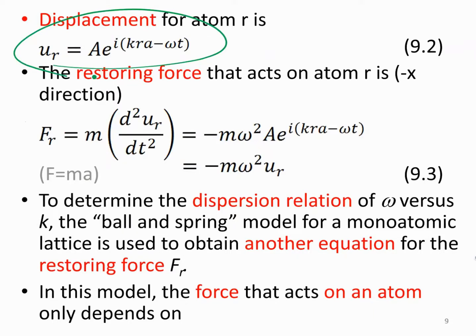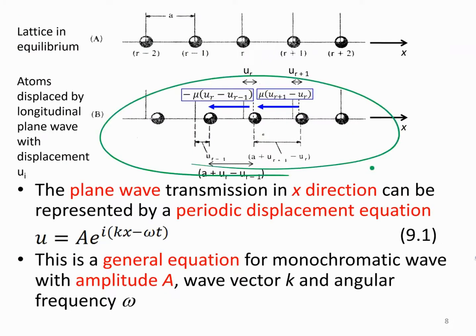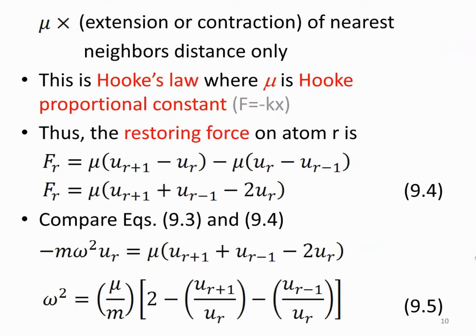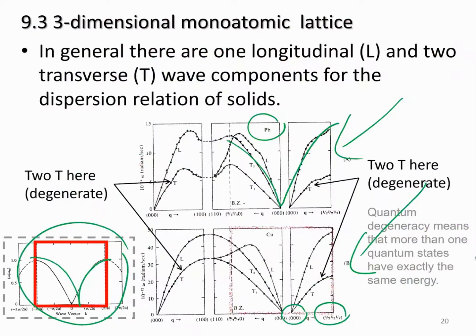But now because we are referring to atom 2r, we just put 2r. And then same model. Previously we used the same type of atom with the same mass, but now we have two types of atoms with different masses. But the concept is similar.